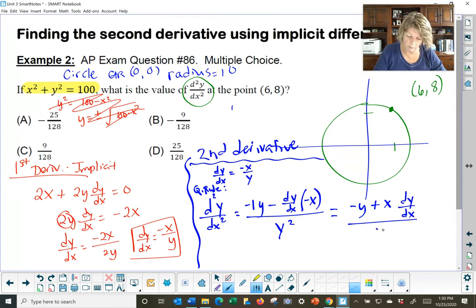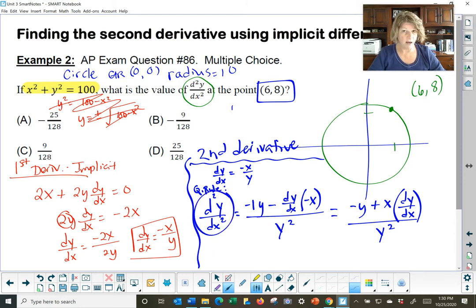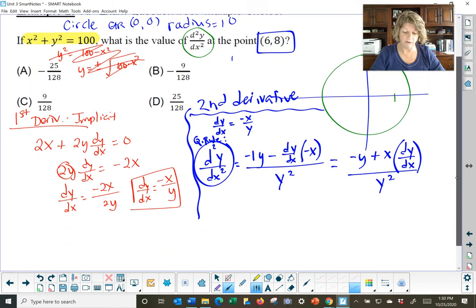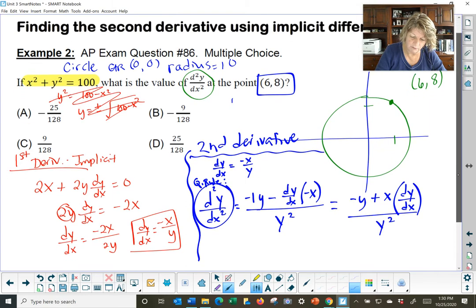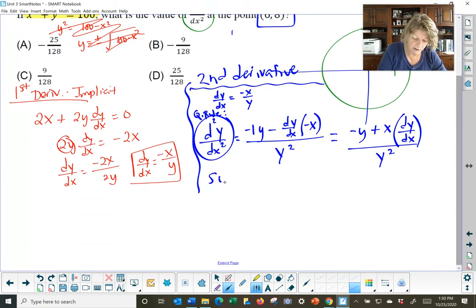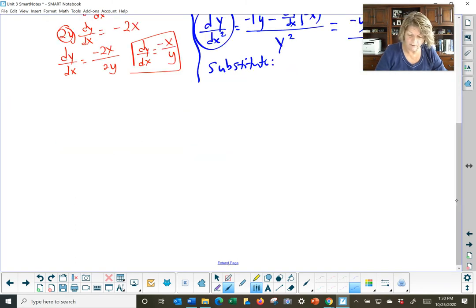all over y squared. They want us to evaluate the second derivative at the point (6, 8). Do you see how there's a first derivative embedded in the second derivative? That's often the case. You'll do enough of these, you'll find that that's usually the case. We can do a substitution. Whoops, that bounced back. Let's substitute the first derivative in.